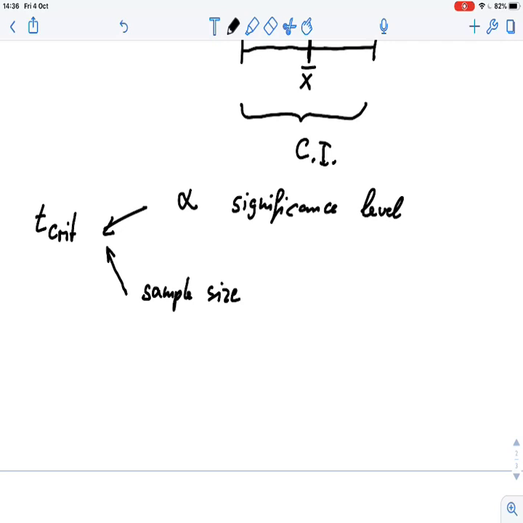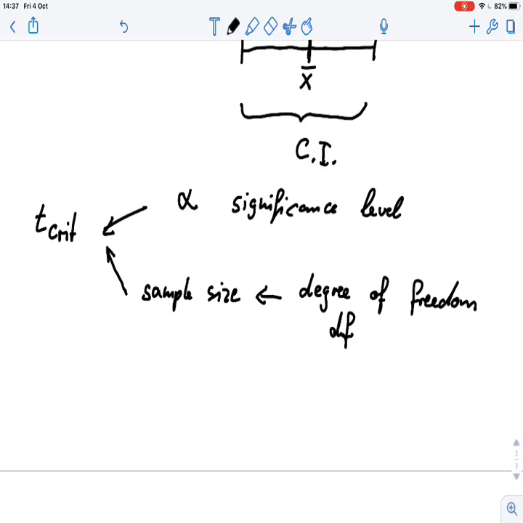It is usually referred to as a degree of freedom, or abbreviated DF.